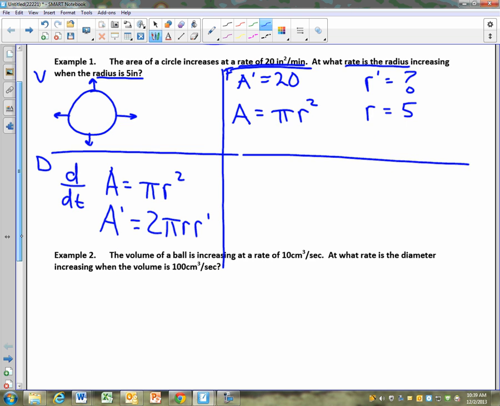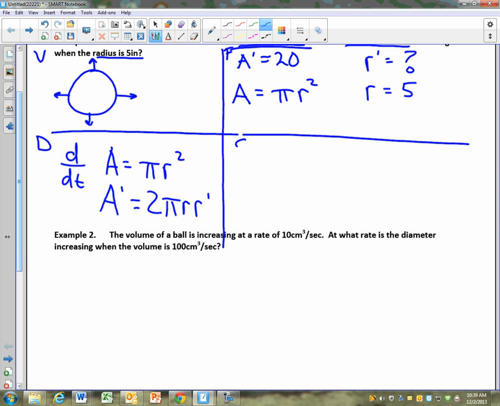So now, our last box is we solve. And what is A prime? A prime equals 2 pi r, r prime. So A prime, I put 20 in there, equals 2 pi. What's r? 5. What's r prime?